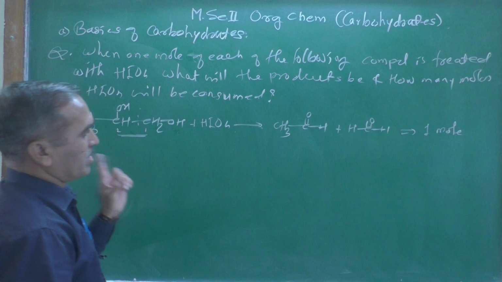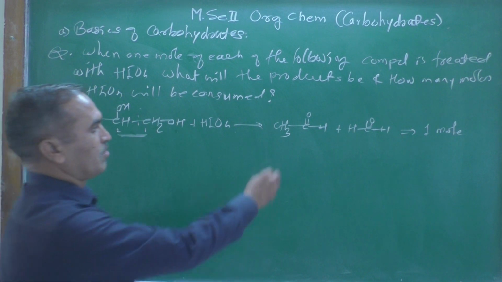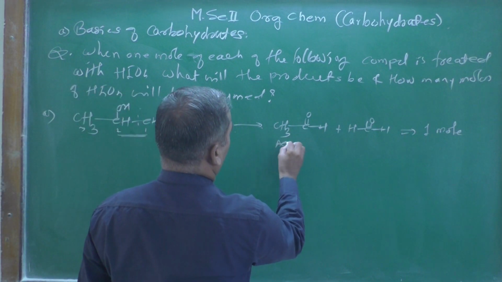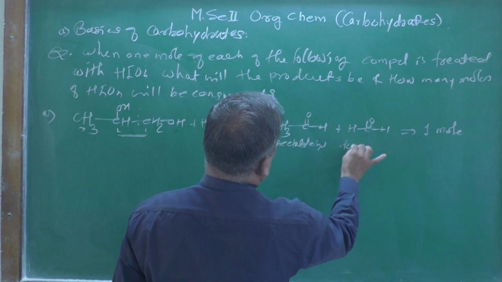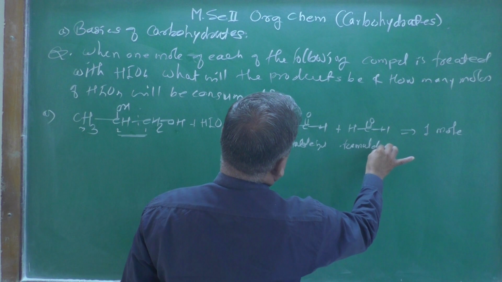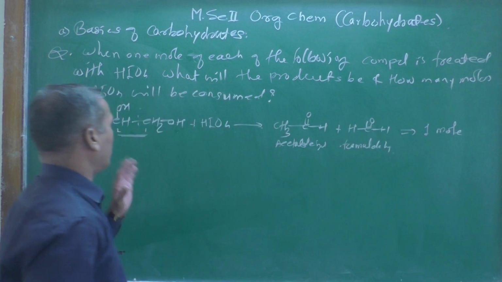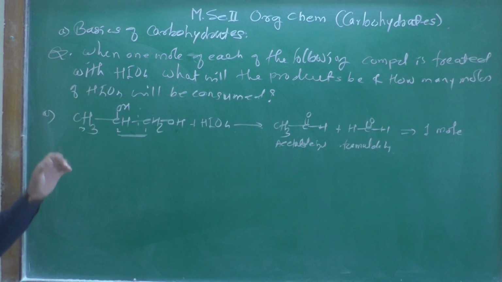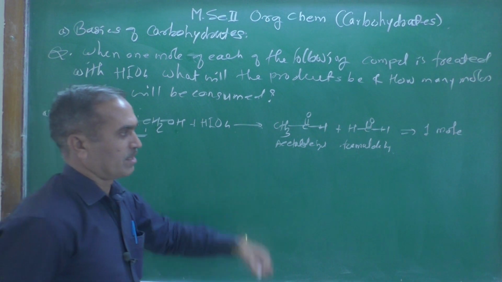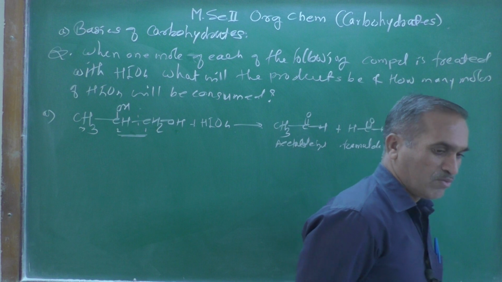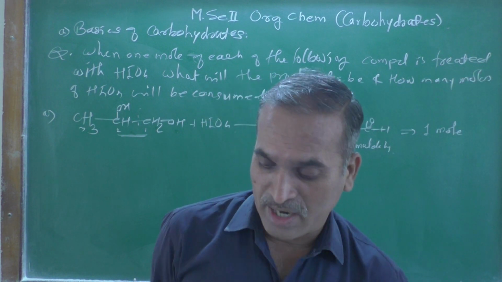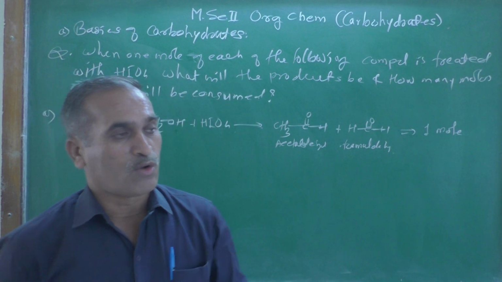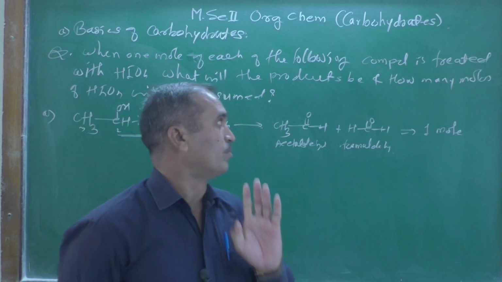Understood this? The resulting compounds obtained are one acetaldehyde and one formaldehyde. That clearly indicates this is the compound where the hydroxyl groups are present, and one we are getting as formaldehyde, one as acetaldehyde. That clearly indicates that only 1 mole is consumed.